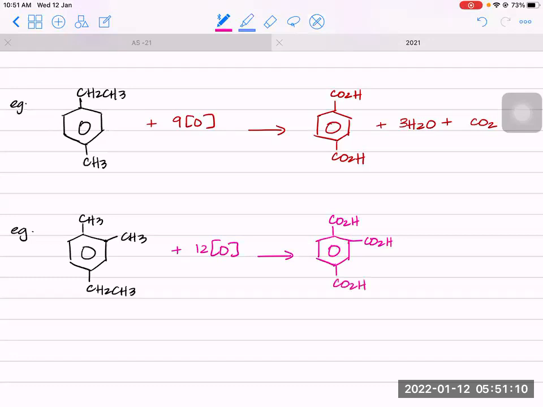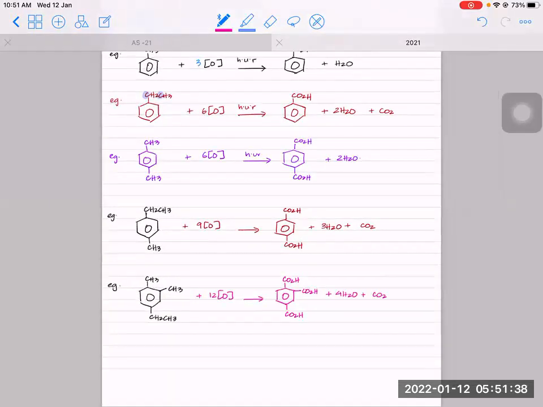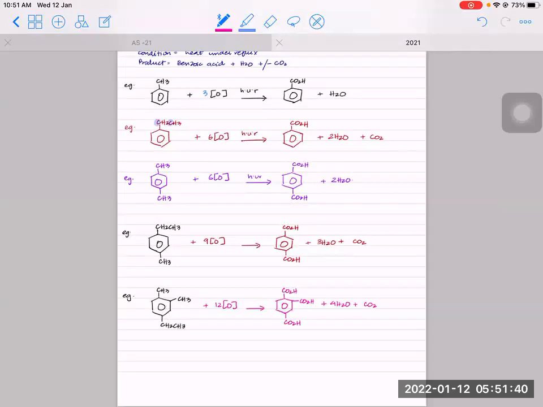And you have this, which becomes CO2H. Each carbon gives you 1 water. 4 carbons will give you 4 moles of water. Now you have 1, 2, 3, 4 carbons here, and you have 1, 2, 3 carbons here. So the 4th carbon would be what? A carbon dioxide. Therefore, these are your products on oxidation. Is this clear?